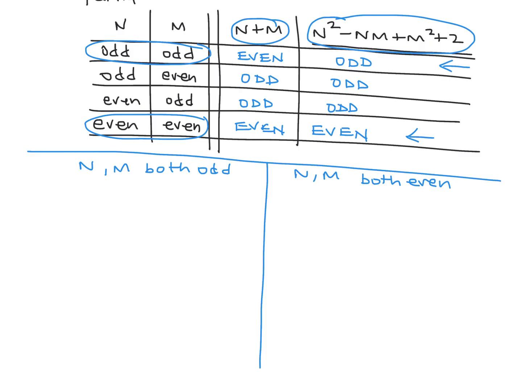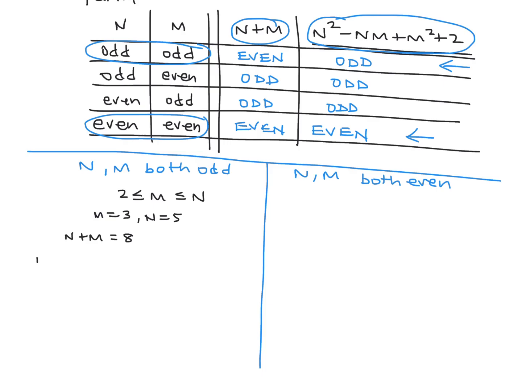Okay, both odd. So let's see here. If they're both odd, and we know that the way we set it up was that n is greater than m. So let's just use the smallest ones. Let's just experiment what's going to happen. So the smallest odd would be m equals 3 and n equals 5, right? So therefore, n plus m would be 8, okay?